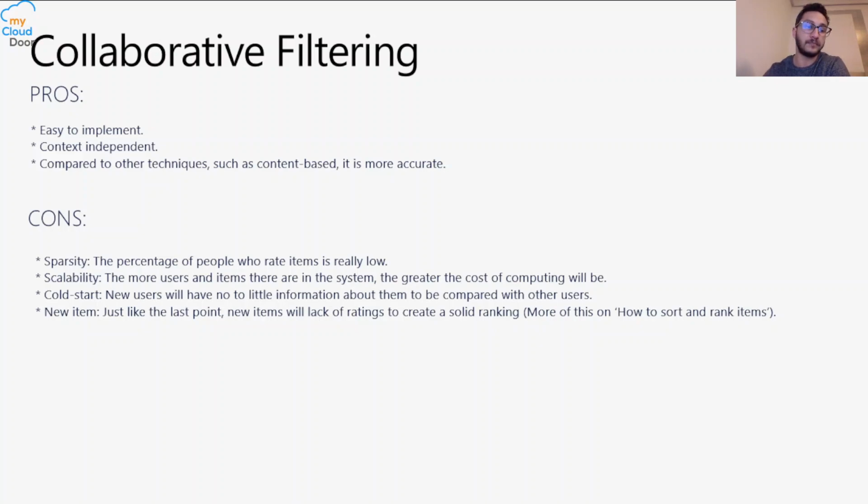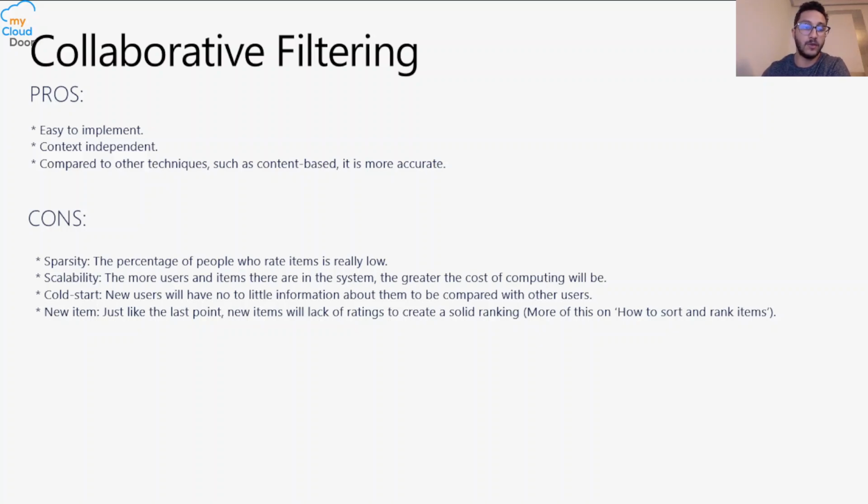Ultimately. And the biggest problem with this recommending system is the cold start. What that means is if we have a new user, we will have basically little to no information about them, and that way we can't compare the user with other users.